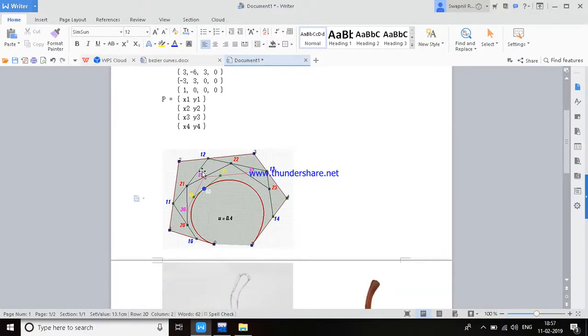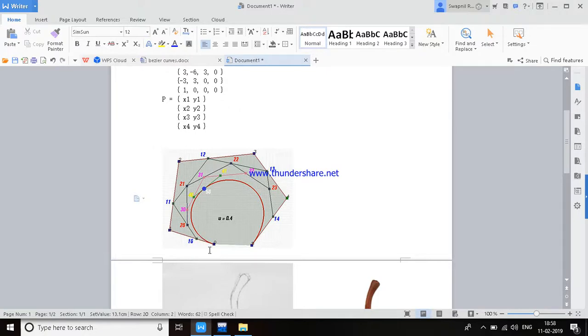In this given figure they have named the parameter as u and taken the value as 0.4. That means that proportionately, in the ratio of 4 to 10 or 2 to 5, we are taking this part of each and every line.